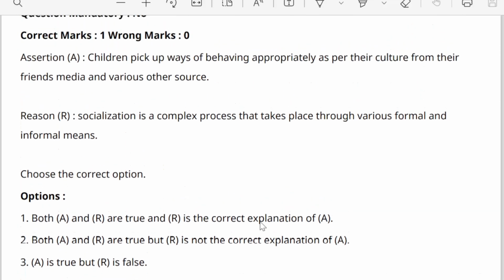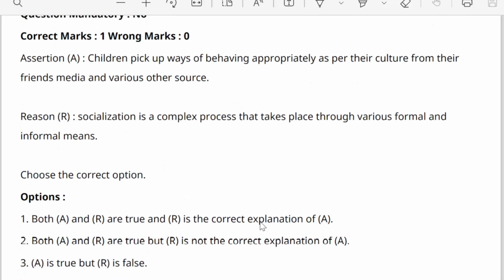So let's look back at the question. We will look at the statements and see whether these are true or not. Children pick up ways of behaving appropriately as per their culture from the friends, media, and other sources. This is a true statement. And socialization is a complex process that takes place through various formal and informal means. This is also a correct option.